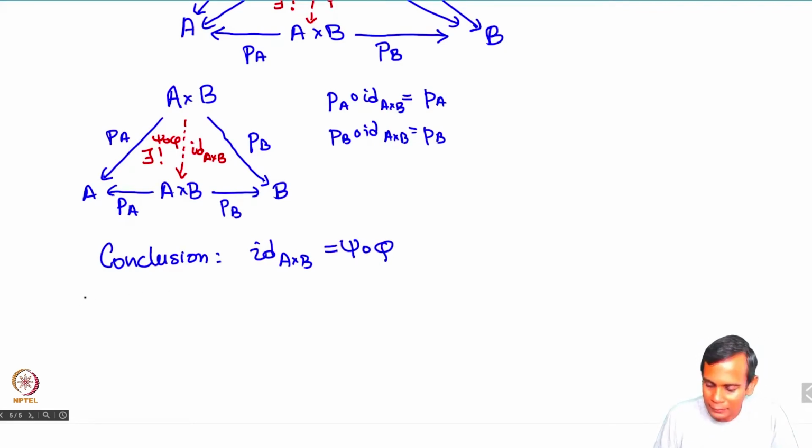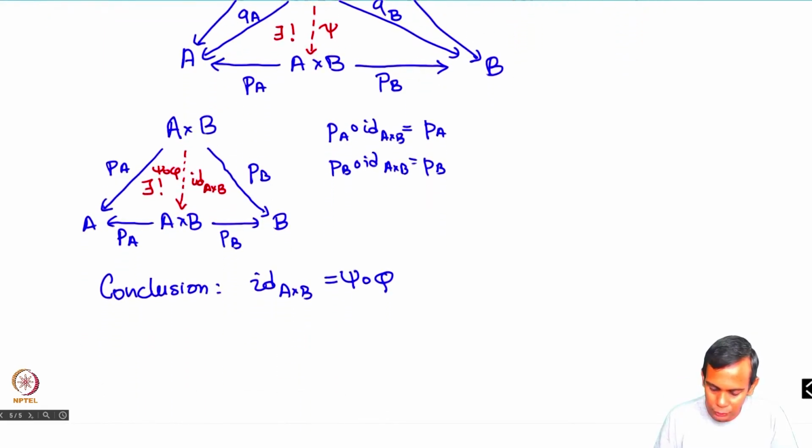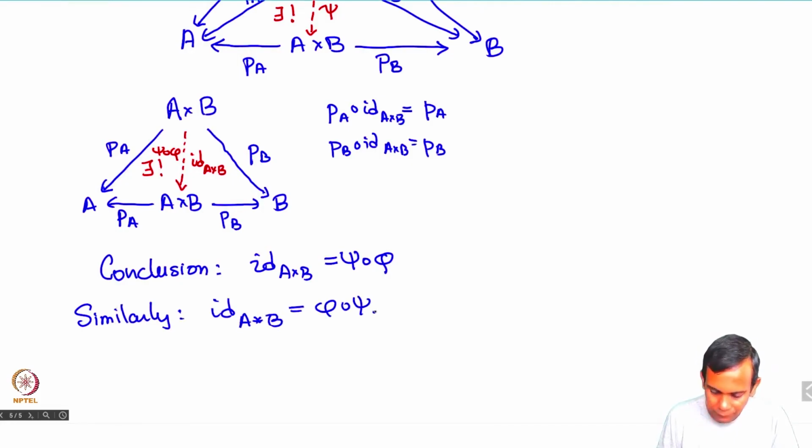And in a similar manner, where we would interchange the roles of A cross B and A star B in this diagram, we would be able to show that phi circle psi is also the identity of A star B. And therefore, phi is an isomorphism.